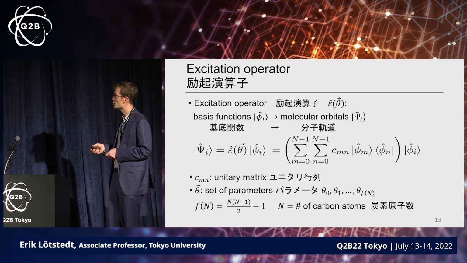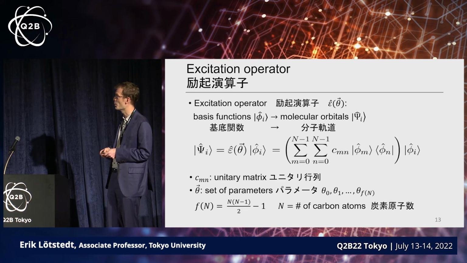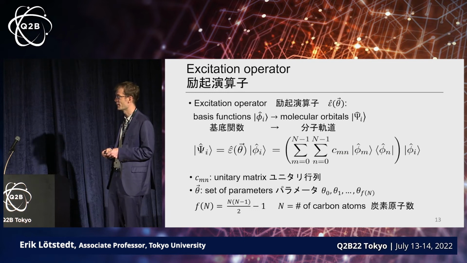And then to make the molecular orbitals, we introduce what we call an excitation operator. So there is a mapping from the basis function, and by operating this operator on the atomic basis function, we make the superposition. And this is the molecular orbital. So from an atomic orbital, applying this excitation operator, it becomes a molecular orbital, a superposition.